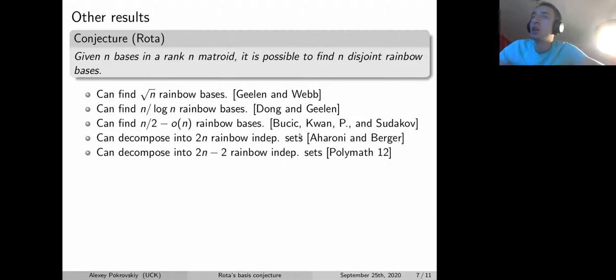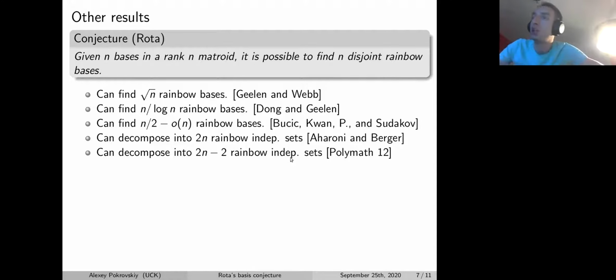Another approach taken by Aharoni and Berger was to think of the conjecture as a covering problem, where you want to cover the whole matroid. So the matroid has n squared elements in total. You want to cover them all using n bases. And you can ask, what if I'm allowed to use more than n independent sets?